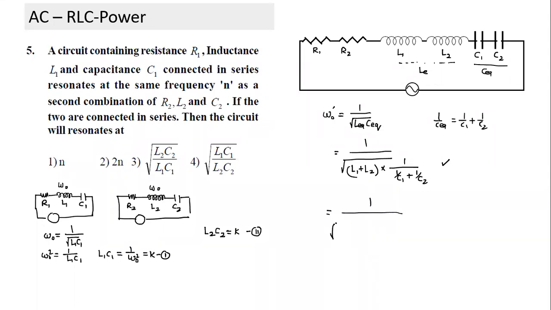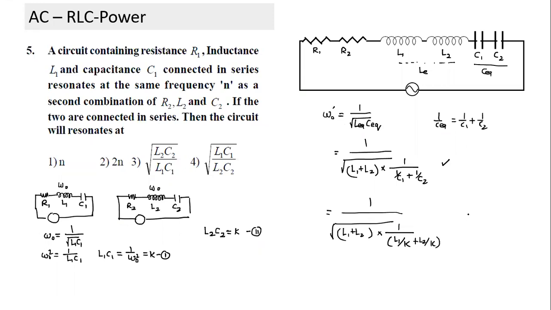So this will be L1 plus L2, and 1 by C equivalent will be L1 by k plus L2 by k. You notice the L1 plus L2 cancel out, and it's very simple.